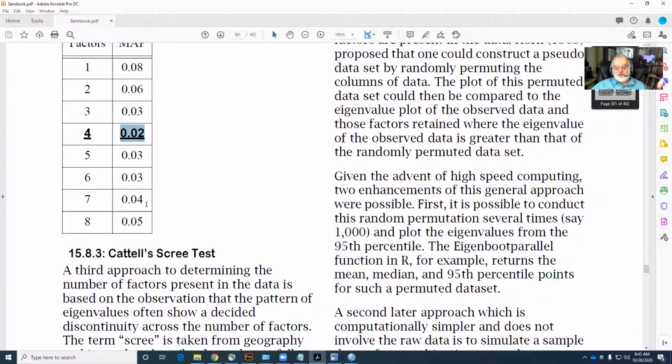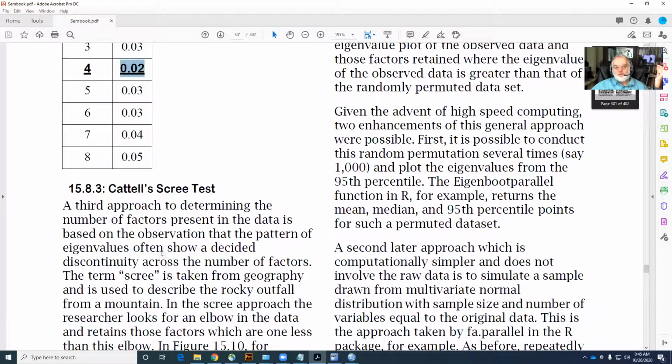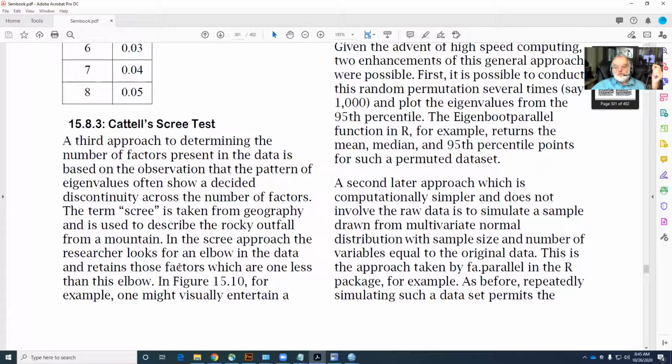A second way of looking at an eigenvalue plot is to go back to Cattell's idea of a scree test. Well, what's a scree? If you're a mountain climber, you can see the Rocky Mountains for a very long ways away, but even by train, you're still going to be a day and a half away from the mountains.